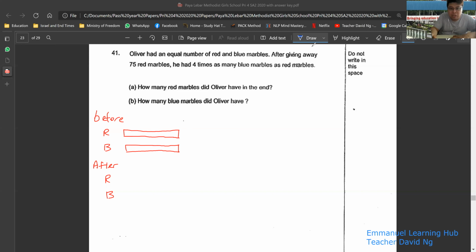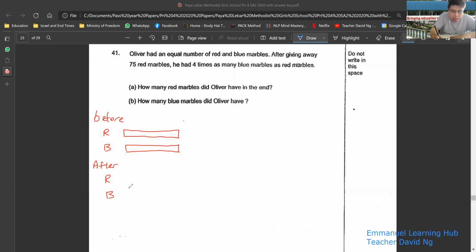So after giving away 75 red marbles, he had 4 times as many blue marbles as red marbles. Question, did Olivia give away any blue marbles? No, right? He only gave away red marbles. So in other words, the length I have for my blue, can it be the same length?